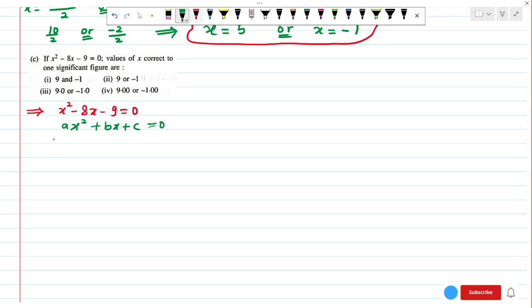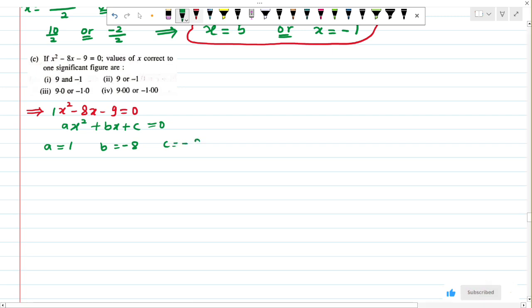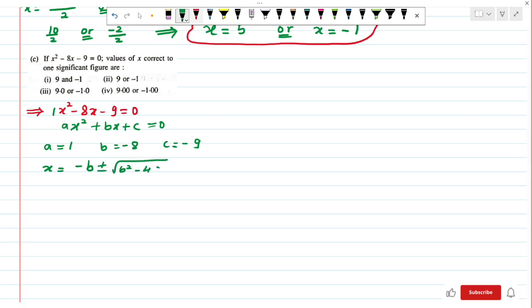Now I'll substitute the values of a, b as well as c. A is 1, b is minus 8 and c is minus 9. So x is equal to minus b plus or minus root of b square minus 4ac divided by 2a.